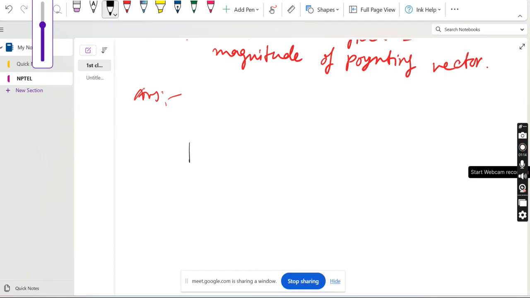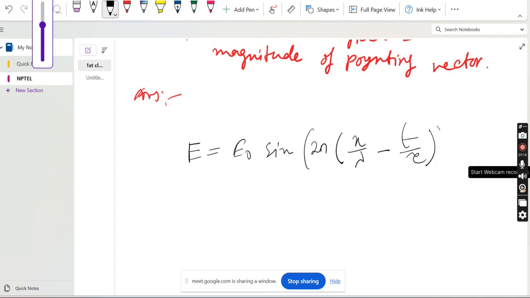I have previously written a form of the wave equation, which is E naught sine 2 pi, x per lambda minus t by tau. So we compare this general form with the given form, with E naught being 6 into 10 to the power minus 3 volt per meter.